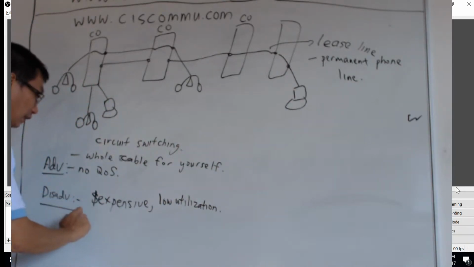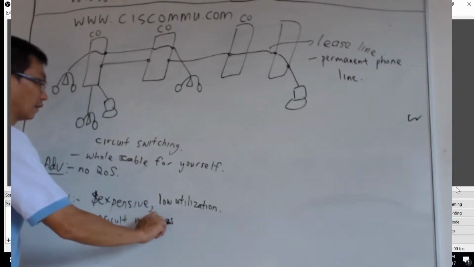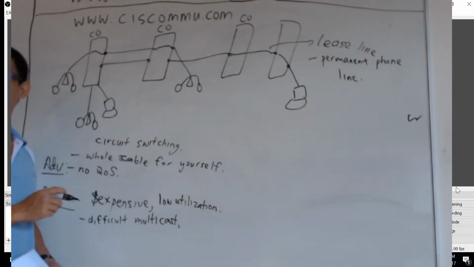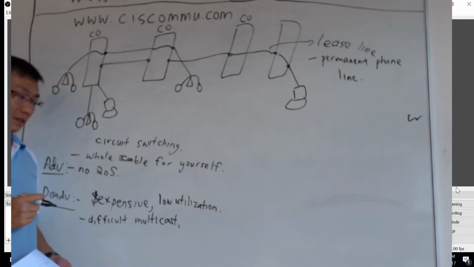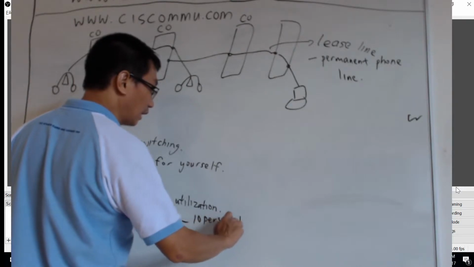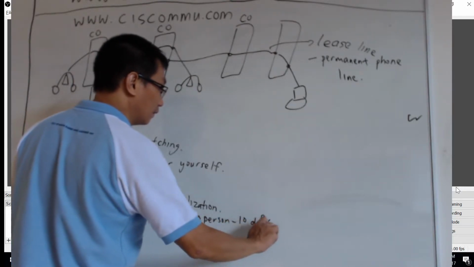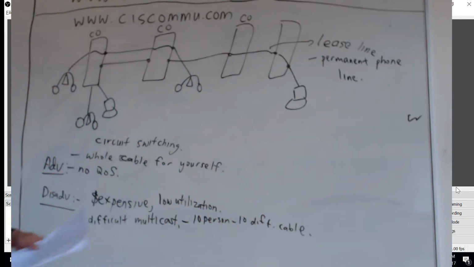Another problem is that it's difficult to multicast. Let's say you want to send to 10 people, you need 10 wires, correct? 10 different cables. So these are some of the disadvantages. The thing about circuit switching is that the whole cable is for you.